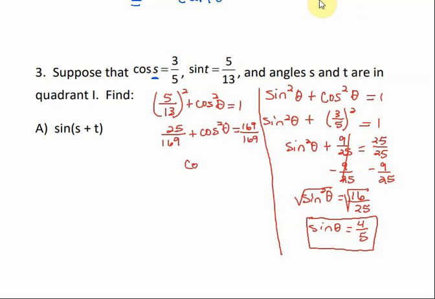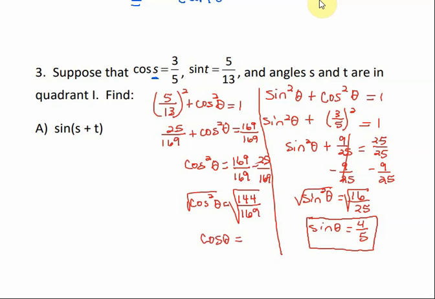And that leaves me with cosine squared theta is equal to 169 over 169 minus 25 over 169. So that gives me cosine squared theta is 144 over 169, and then I'm going to take the square root of both sides. Again, we know that it's positive because we're in the first quadrant, and cosine of theta would be 12 over 13.